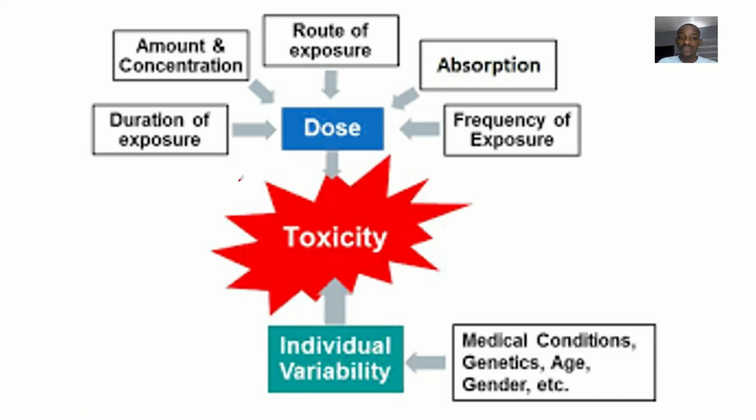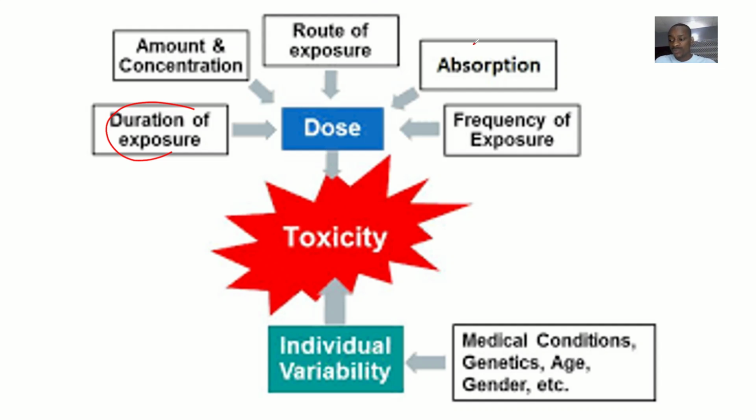So duration of exposure is actually one of the factors that affect toxicity. Several other factors include the amount of the toxin, the route of exposure. Was it through your skin or through your mouth? Do you understand? Route of exposure. Absorption: how fast is the toxin absorbed?